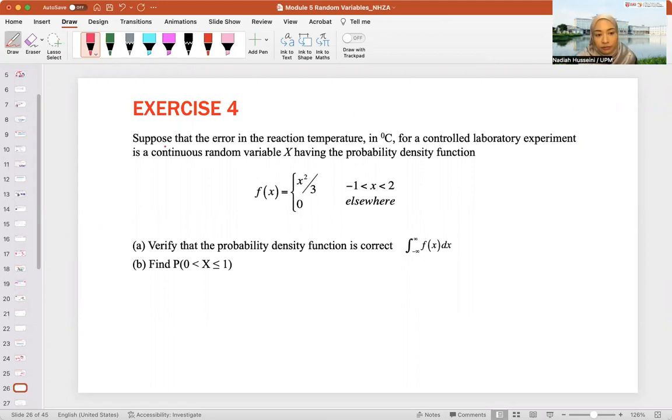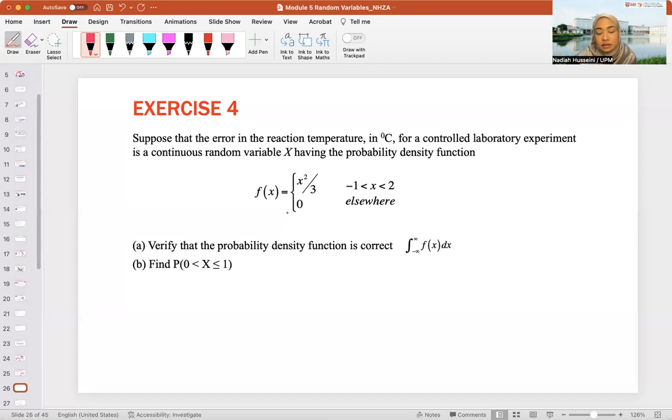Okay, exercise number 4. Suppose that the error in the reaction temperature in degrees Celsius for a controlled laboratory experiment is a continuous random variable X, having the probability density function.